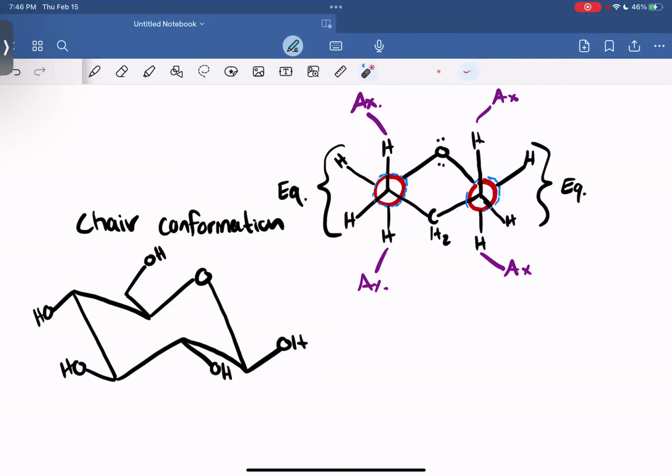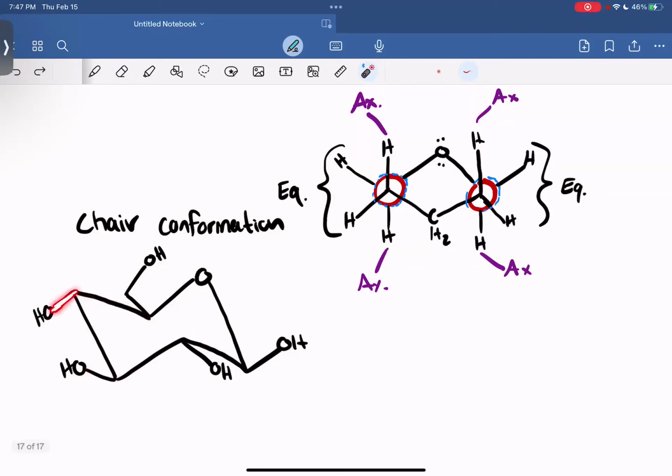So how do we know it's equatorial? If the alcohol coming off of it is parallel with the bond that's one away from it. So we skip this one and we see that these two are parallel. Let's check if this alcohol is equatorial. Those guys are parallel and we skip that bond there.